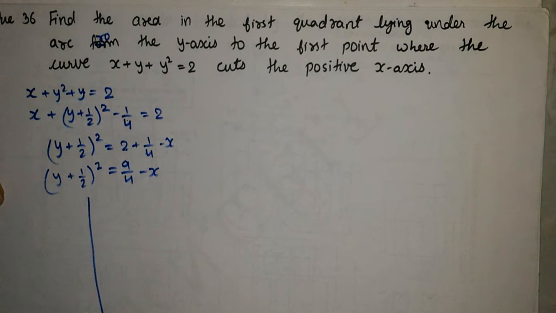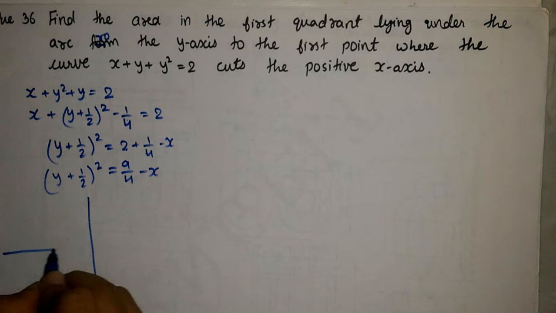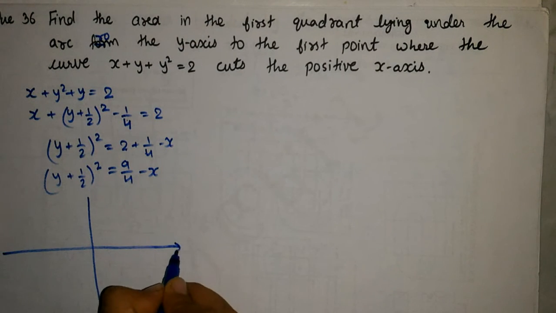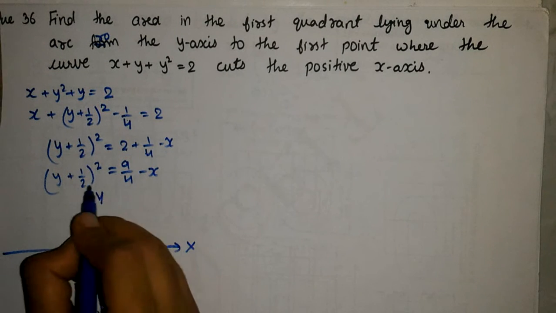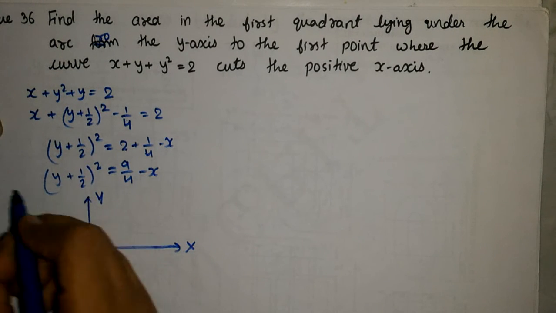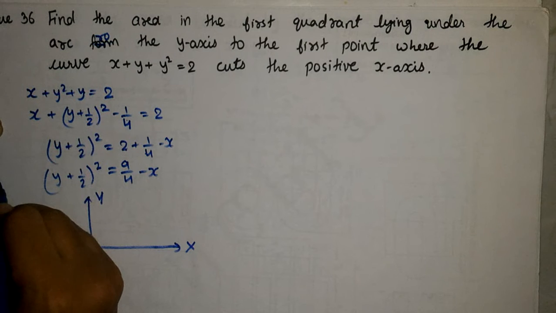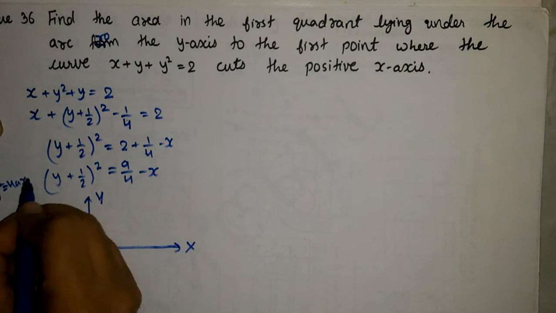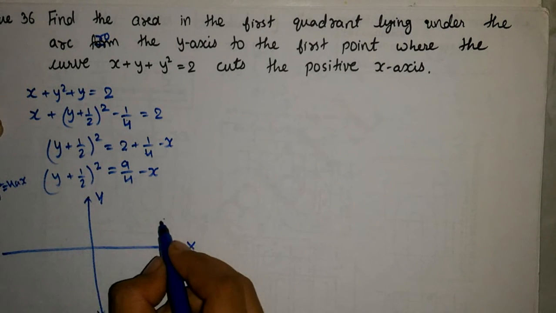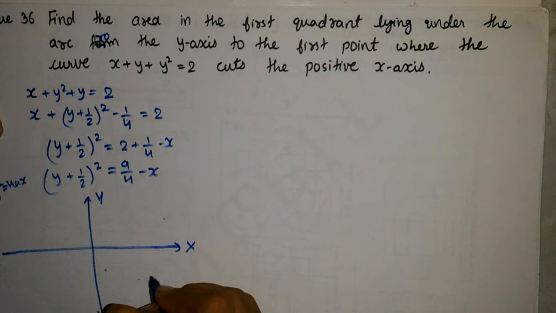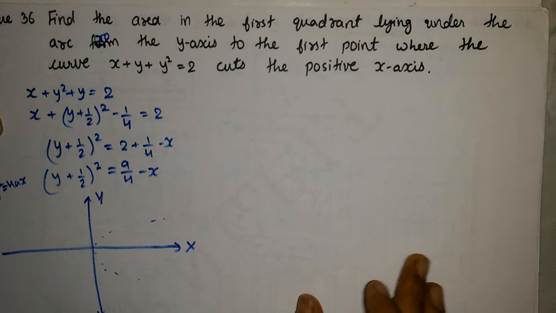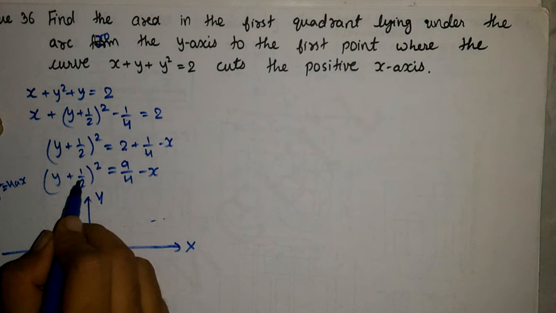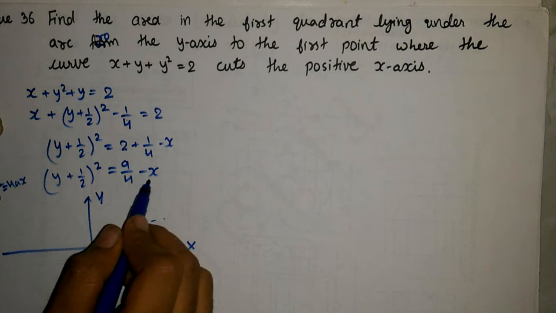This is the y-axis, this is our x-axis, and we know that y square is equal to 4x will be this type of graph. But here its vertex is not the origin.